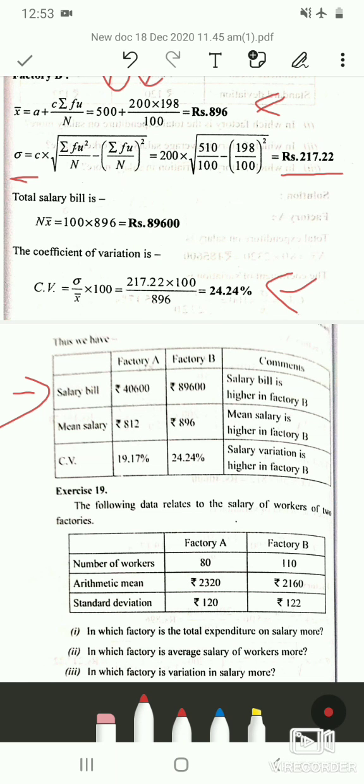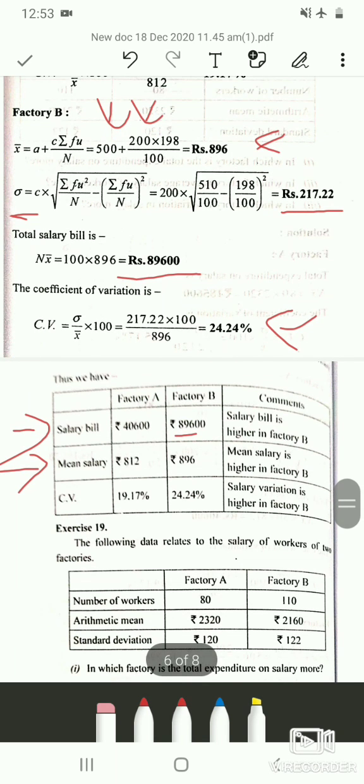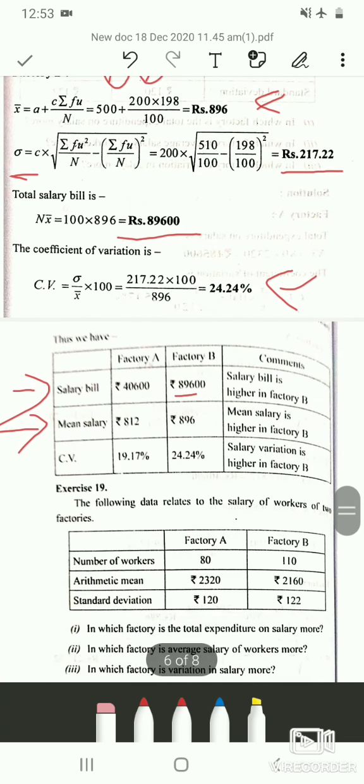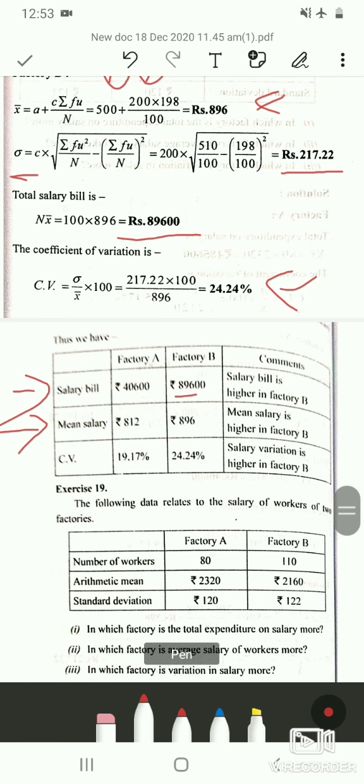So we can see 89,600 is greater than 40,600, so therefore factory B pays higher salary bill. So the next sub question was who has higher mean salary, that is we have to check for the value of x bar. So here x bar for factory A is 812 and for factory B it is 896. So therefore mean salary is higher again for factory B.